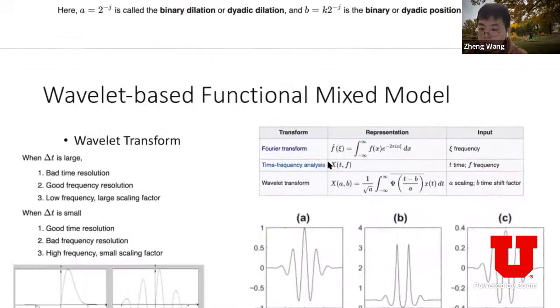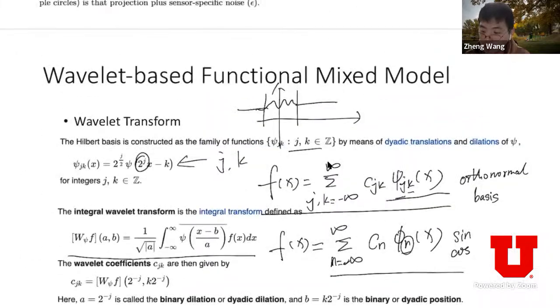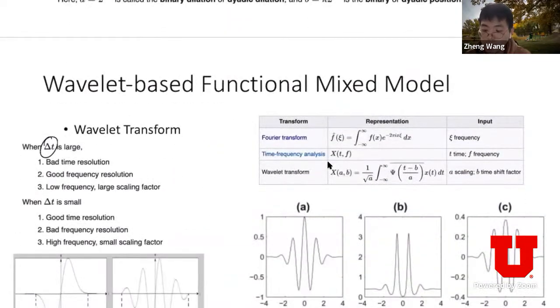We just expand the mother wavelet or squeeze the mother wavelet along the time domain. For large delta t, the delta t here means the width of the mother wavelet. If it's large, it means low frequency and large scaling factors. The scaling factors should be 2 to the power of j. And if delta t is small, we get high frequency information, and it also means smaller scaling factors.